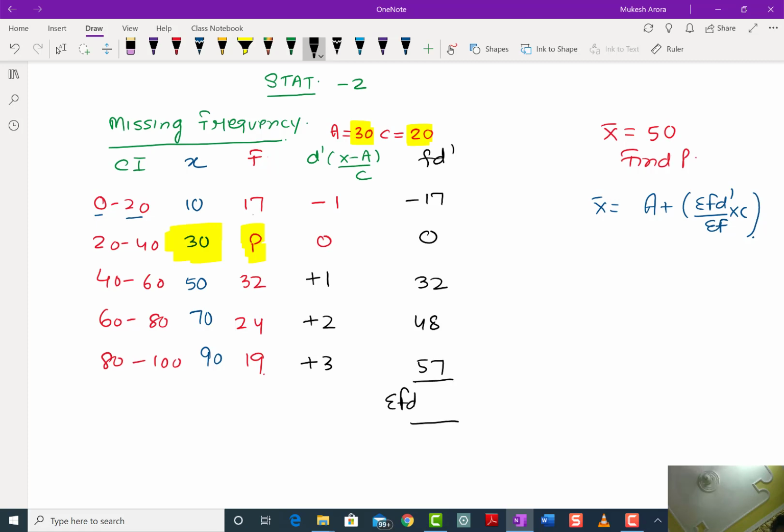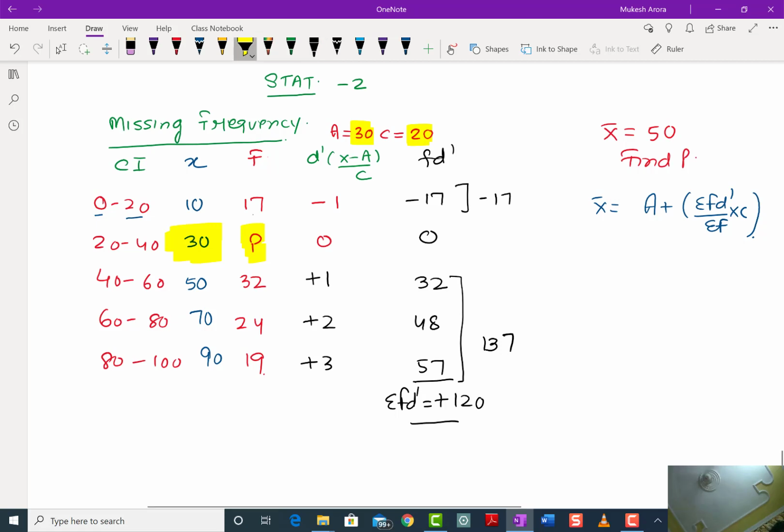Sigma f d dash will be minus 17, plus 32, 48, 57 and 72 and 90, which gives plus 120.